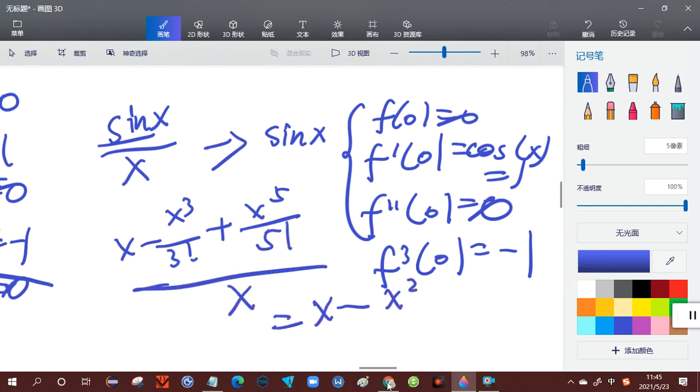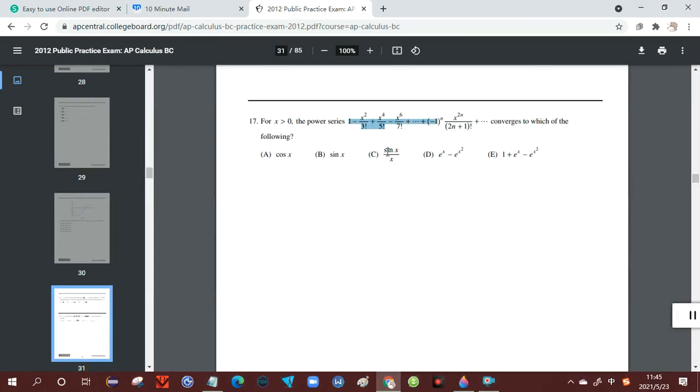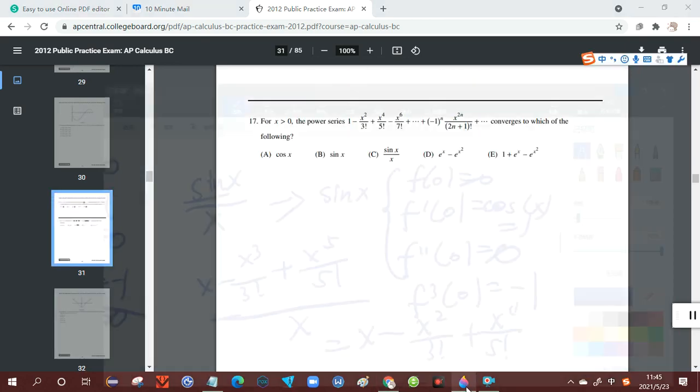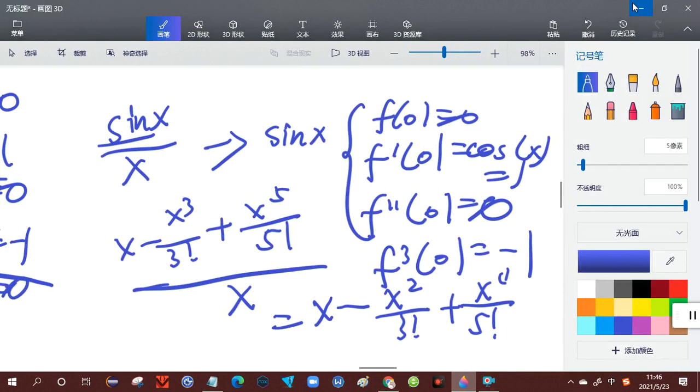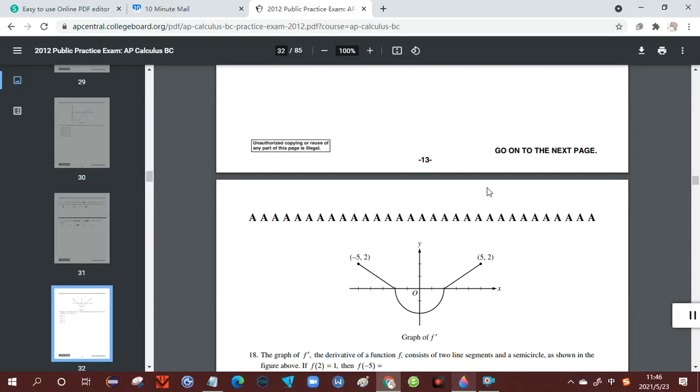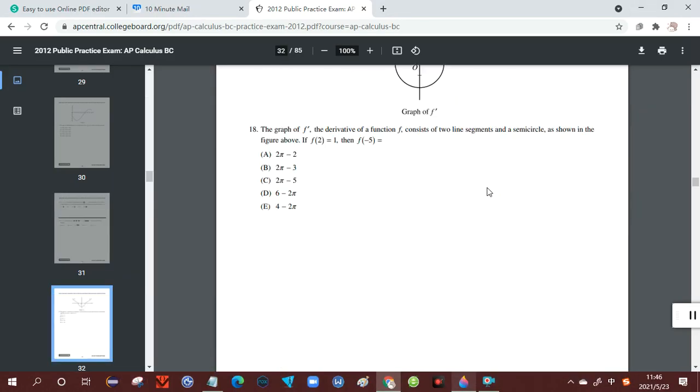Now let's test the first three terms. If the first three terms are right, then the equation is most likely right. The first three terms are like this, and it is clearly seen that they are identical. Therefore, the answer is C.